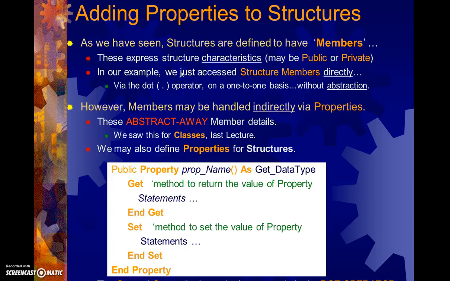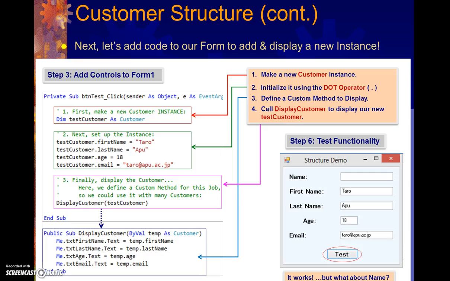Now we're going to define specifically what we mean by a property. So he talks about adding properties to structures. So then you have to go through a kind of extra bit of work. And basically, the things that you make as properties are the things that you want to be publicly available. So really, even though we made first name, last name, and so on as public, usually they wouldn't be public, and we wouldn't want them to be available to someone.